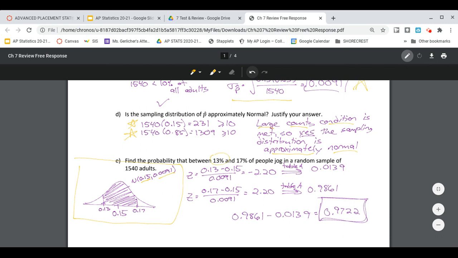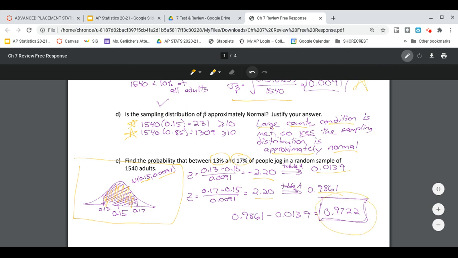And in this case, because we have 2 values, I'm going to have to do the z-score formula twice. And I got 2 z-scores that are pretty symmetrical here around the center. And then I get 2 table A values. And because I'm looking for the space in the middle, the area in the middle here, I'm going to subtract them. And so I get 0.9722.